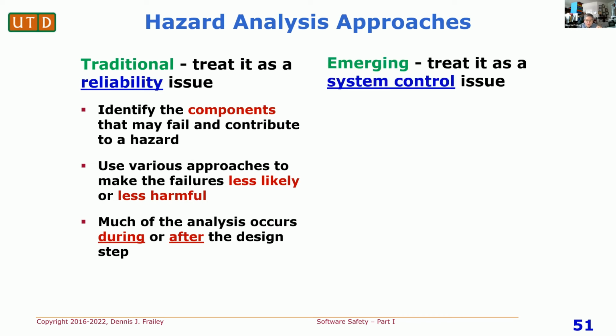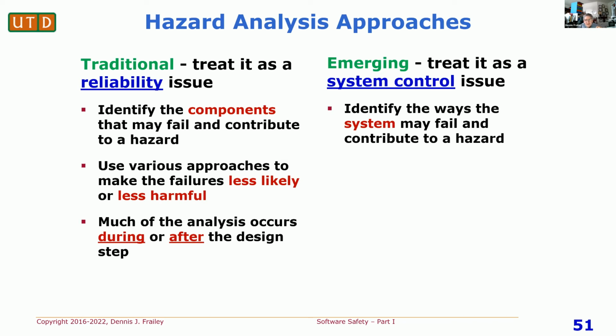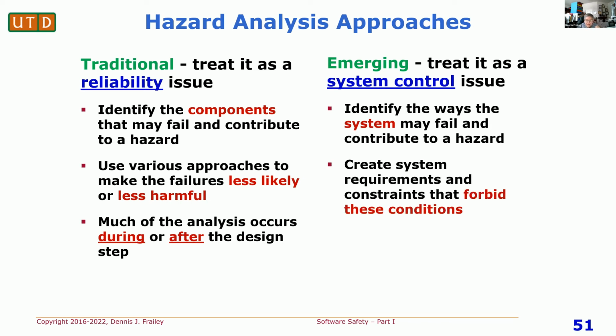There's a newer approach called the system control approach. And the idea of the system control approach is that you identify ways in which the whole system might fail. And then you create system requirements and constraints that forbid those failures.